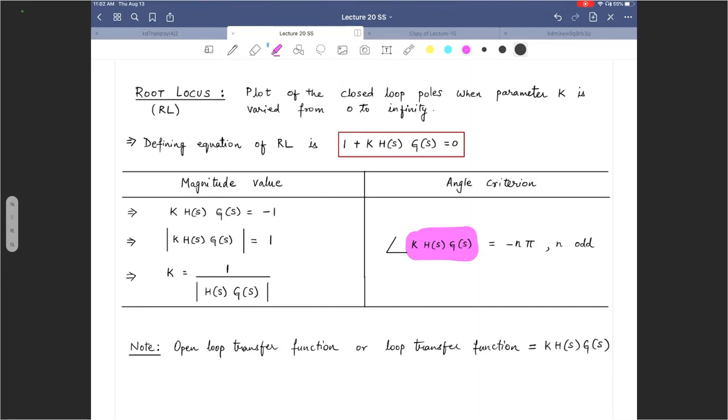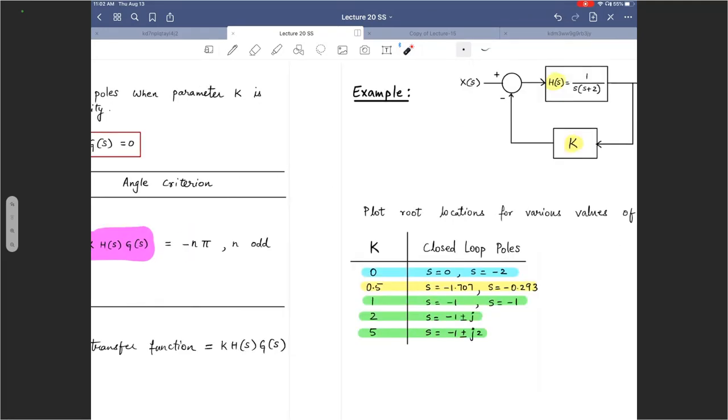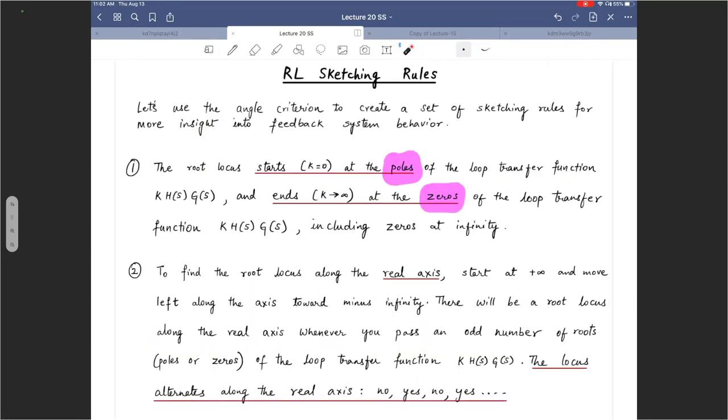But we get to this criteria using the characteristic equation of the closed loop transfer function, right? So we start off with the open loop transfer function k times h times g.